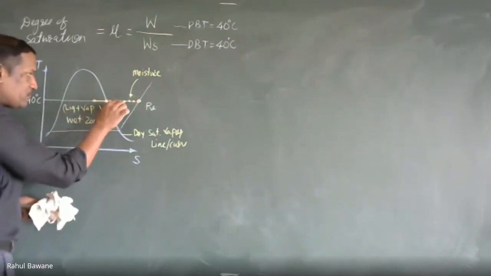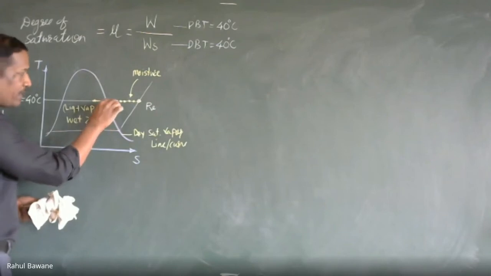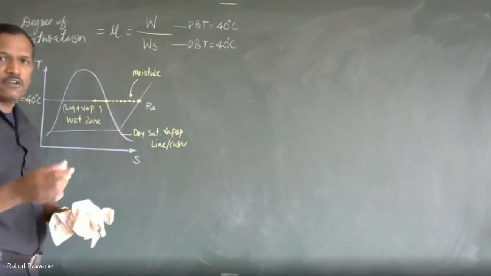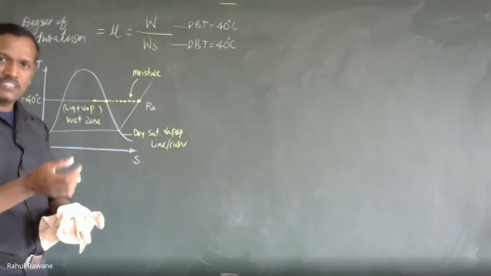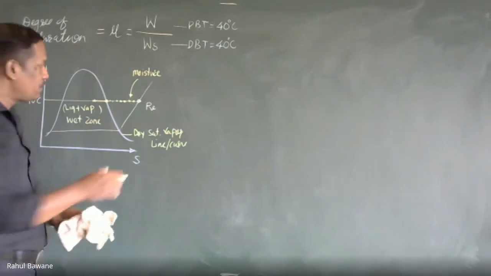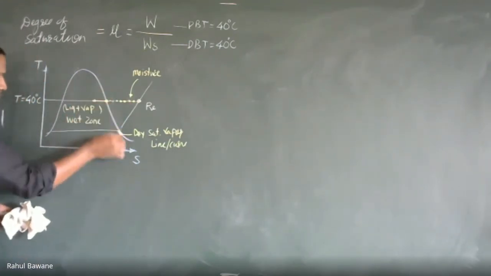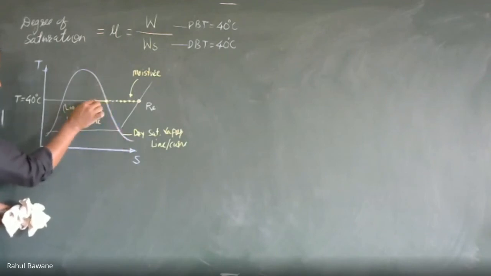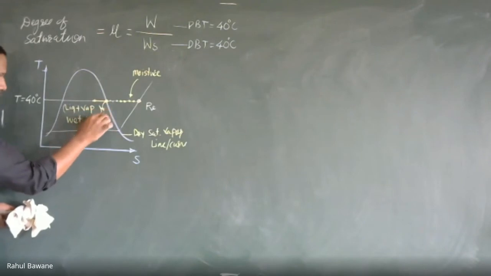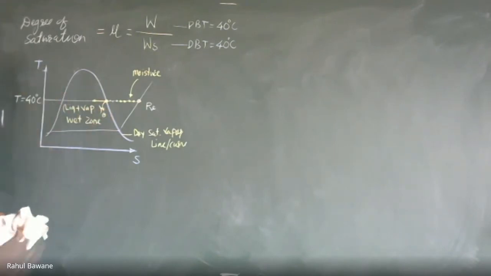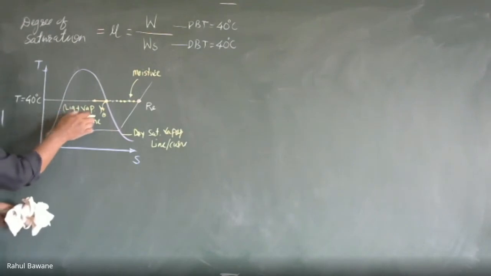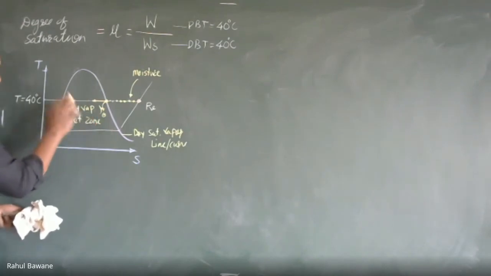After this, there is water vapor and dry air, but there are no traces of water particles. It is in vapor form. But when I move beyond this dry saturation line, I observe that water particles will be separated out. So it is a mixture of liquid water plus dry air.